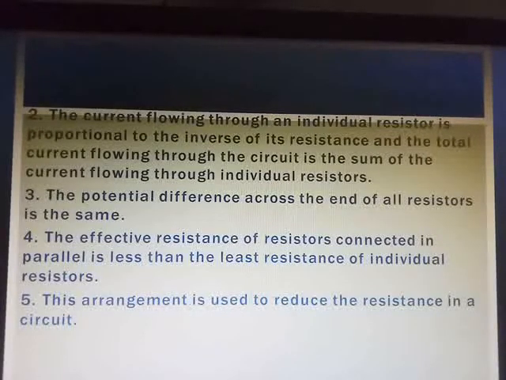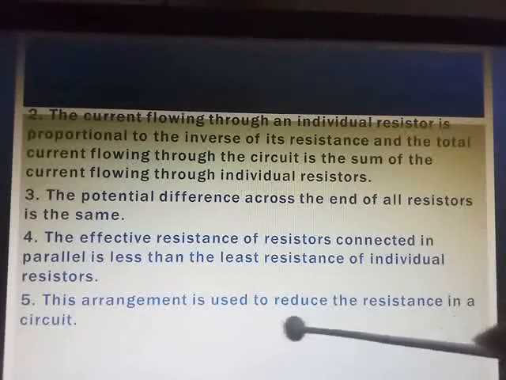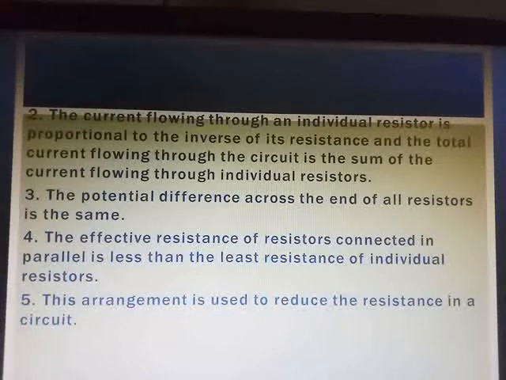Our previous arrangement, that is series combination, was used to increase the resistance in the circuit, whereas a parallel combination is used to reduce the resistance in a circuit. So you can see here a full-fledged distinction. You can write in the exam, distinguish between series and parallel. There current remains same.